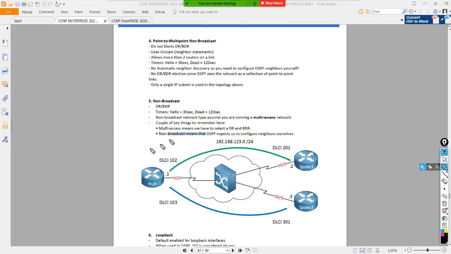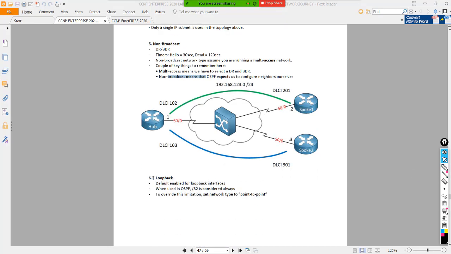So we are going to manually configure. In the case of broadcast, I was just enabling the routing process. They were following the SPF algorithm, shortest path first, and then we could see the neighborship happening. But in this case, I have to manually define the neighbors.